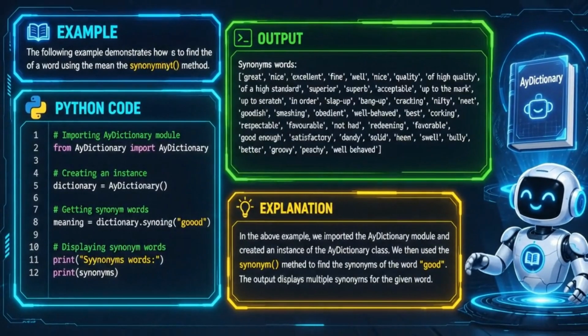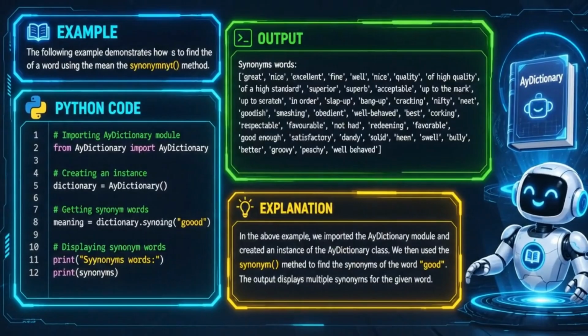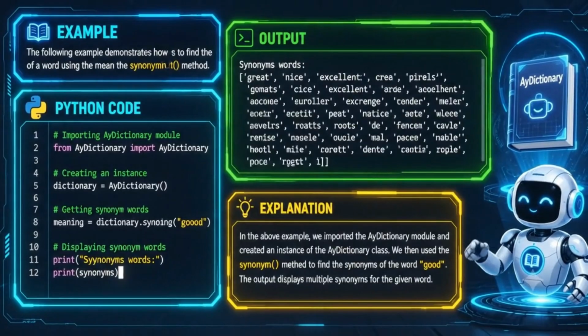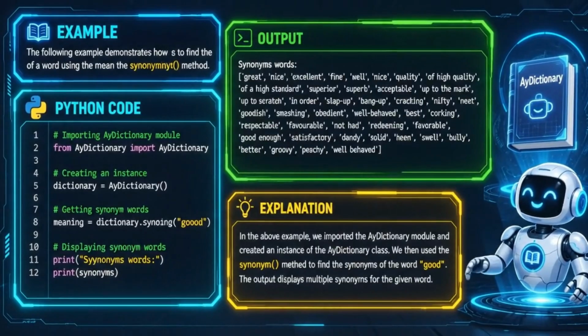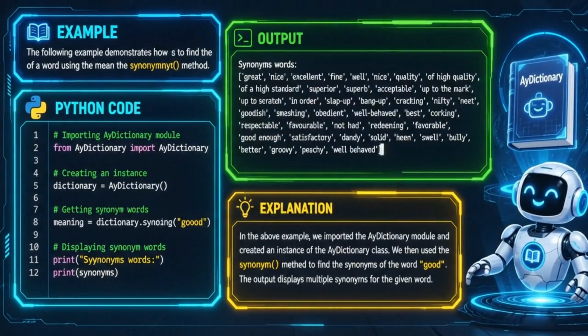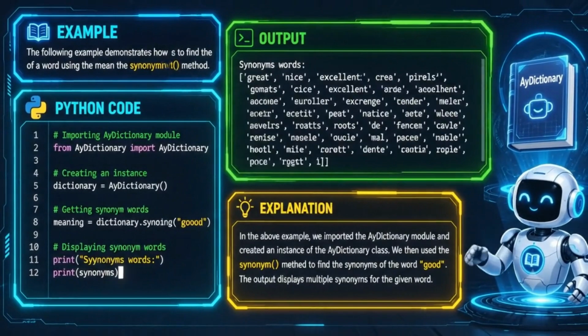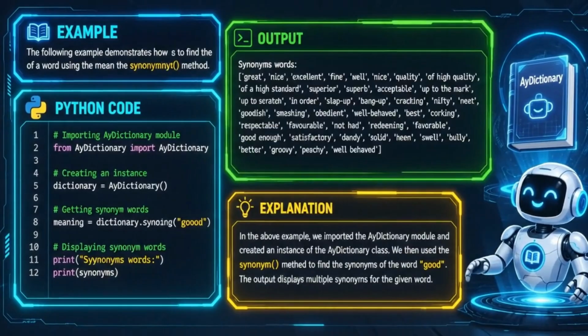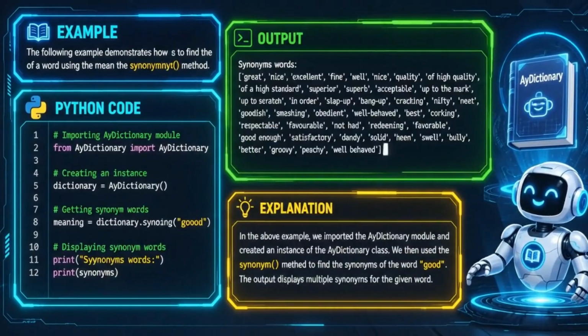Explanation. In the above example, we imported the AyDictionary module and created an instance of the AyDictionary class. We then used the synonym method to find the synonyms of the word "good". The output displays multiple synonyms for the given word.